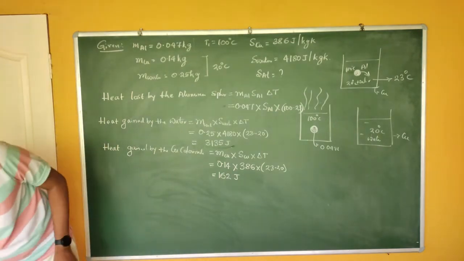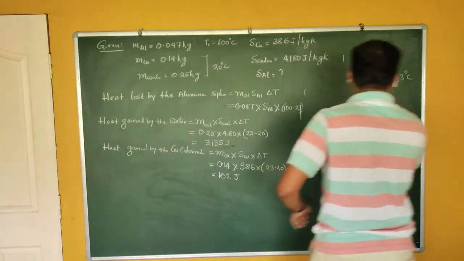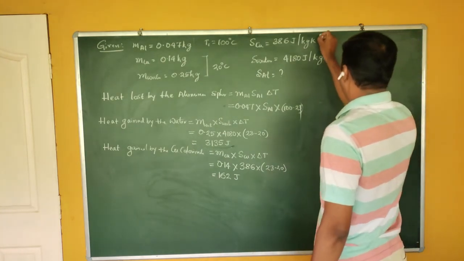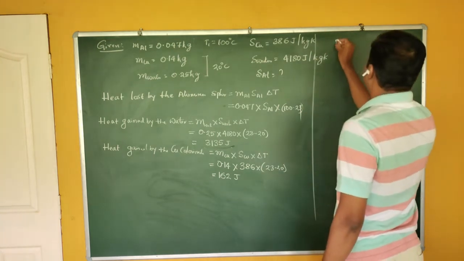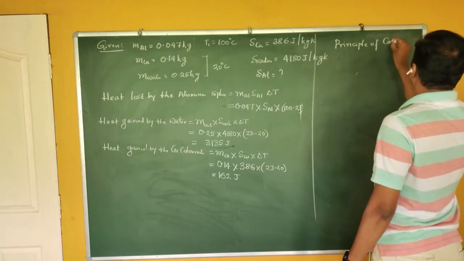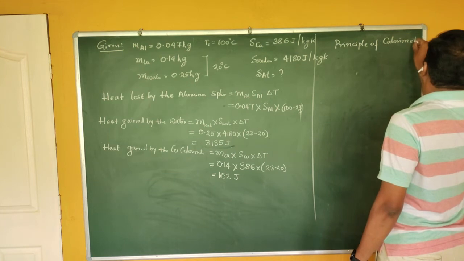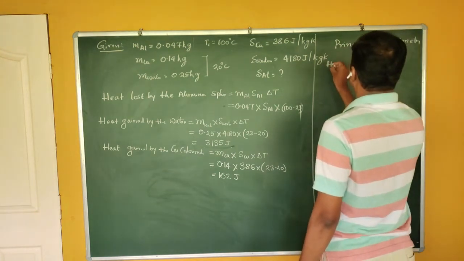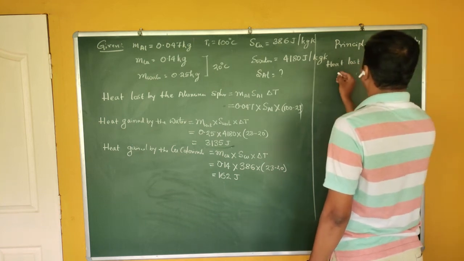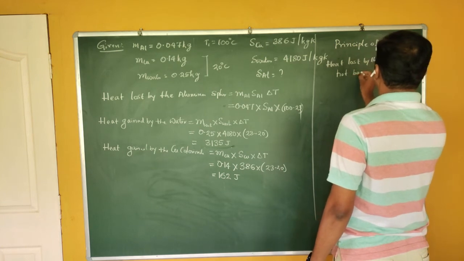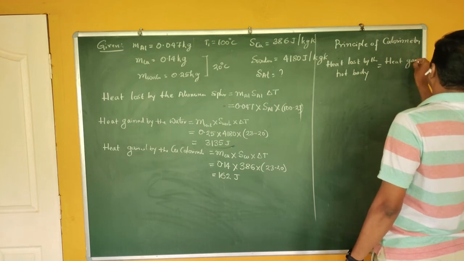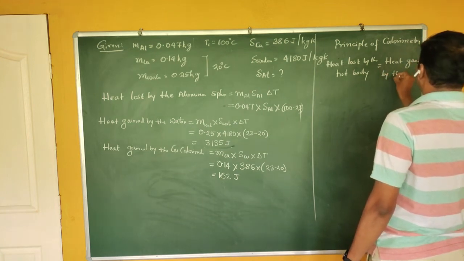Now I use the principle of calorimetry. The principle of calorimetry says that heat lost by the hot body is equal to heat gained by the cold body.